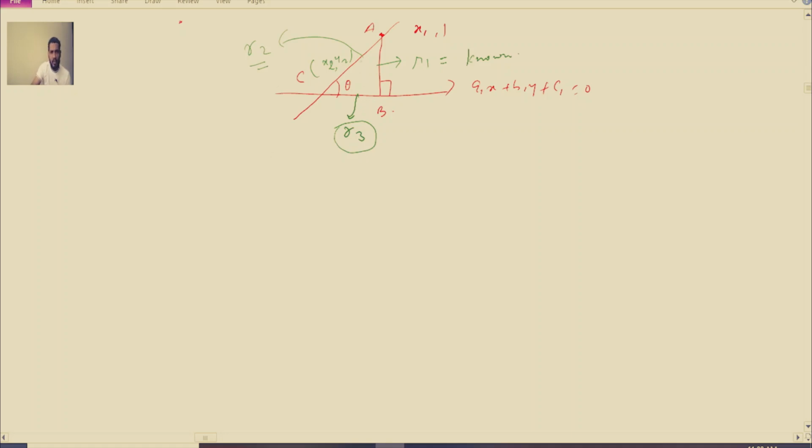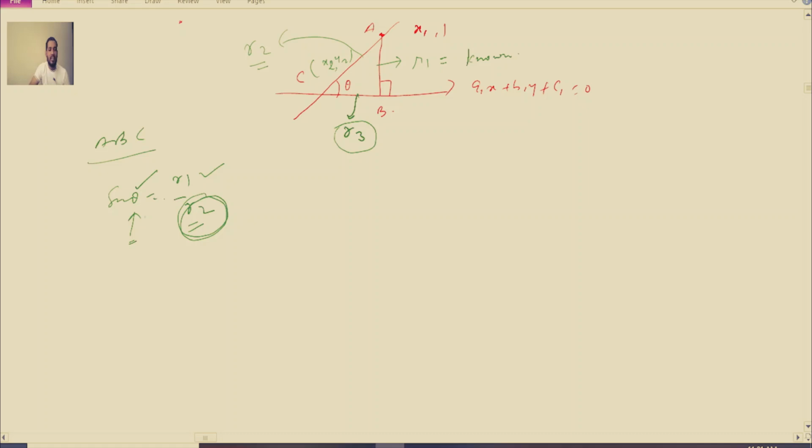So in this triangle ABC, use sine theta equals R1 upon R2. Once theta is known, we can find R2, because R1 is known.